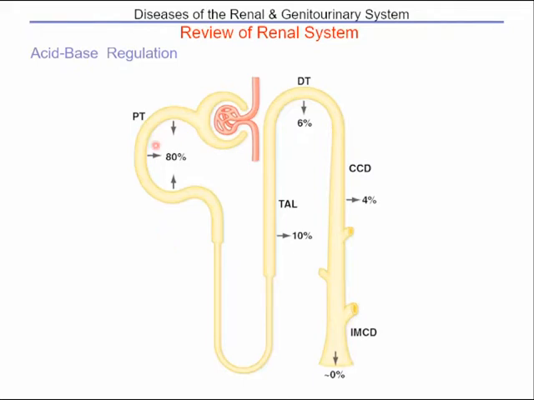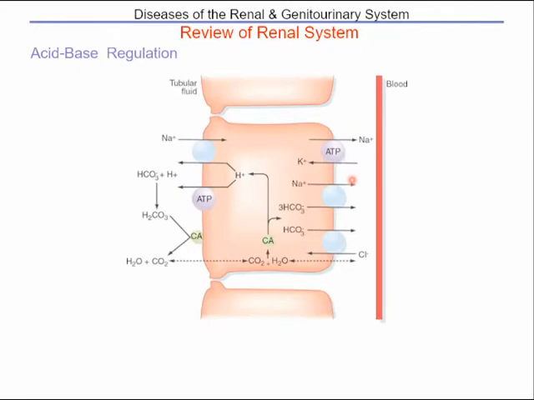Of this filtered load, approximately 80% is reabsorbed by the proximal tubule, 16% by the thick ascending limb and distal convoluted tubule, and the remainder 4% is reabsorbed by your collecting duct.